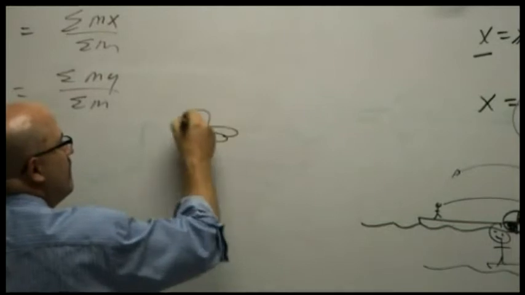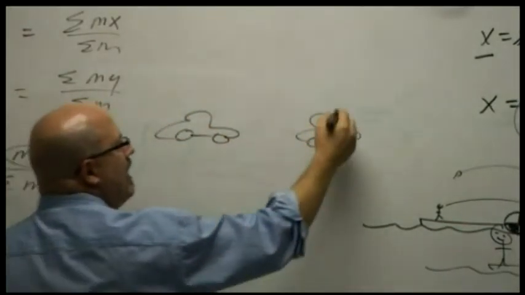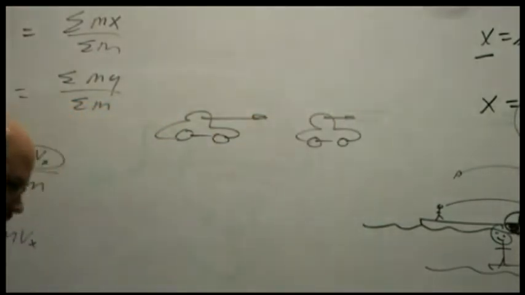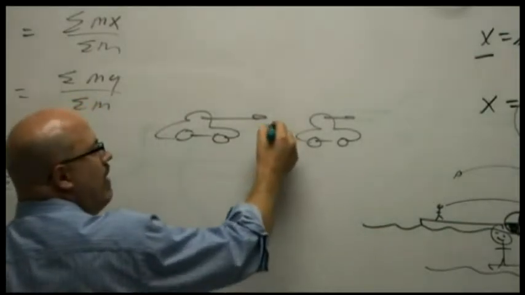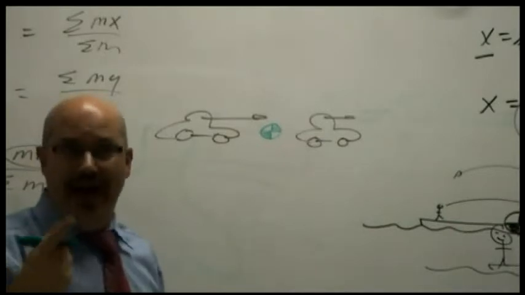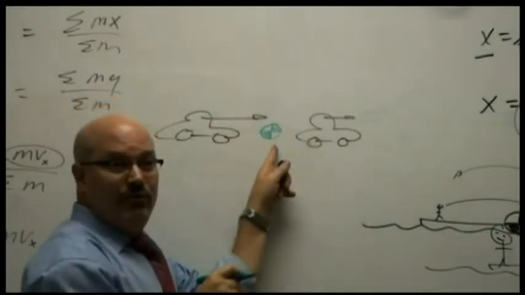So what happens is if you have a car crash and you have like a car like this, another car like this, and let's say that this one's moving this way slow and this one's moving this way fast, okay? Where's the center of mass of the system? Well, somewhere in between, right? The center of mass of the system will have a velocity, because as the cars move, this moves, right?